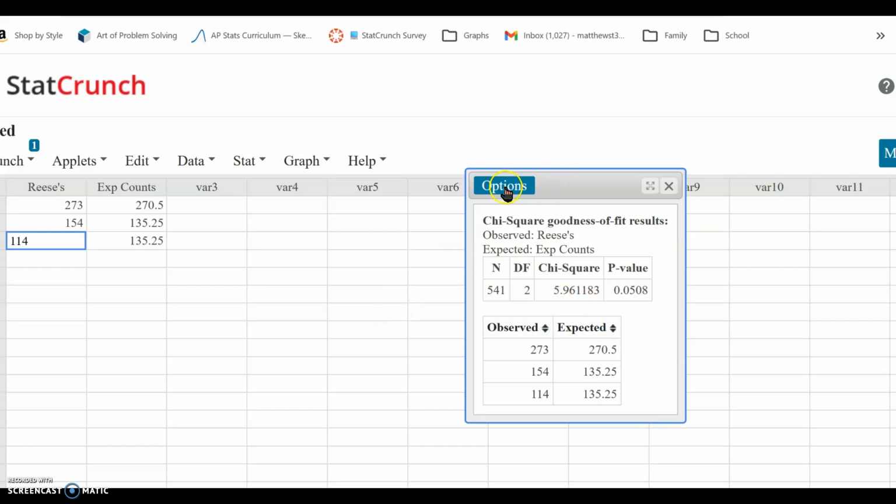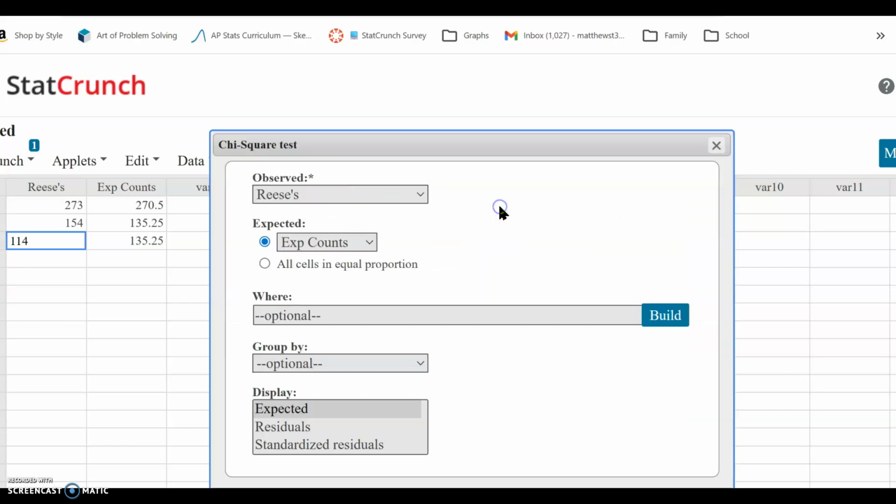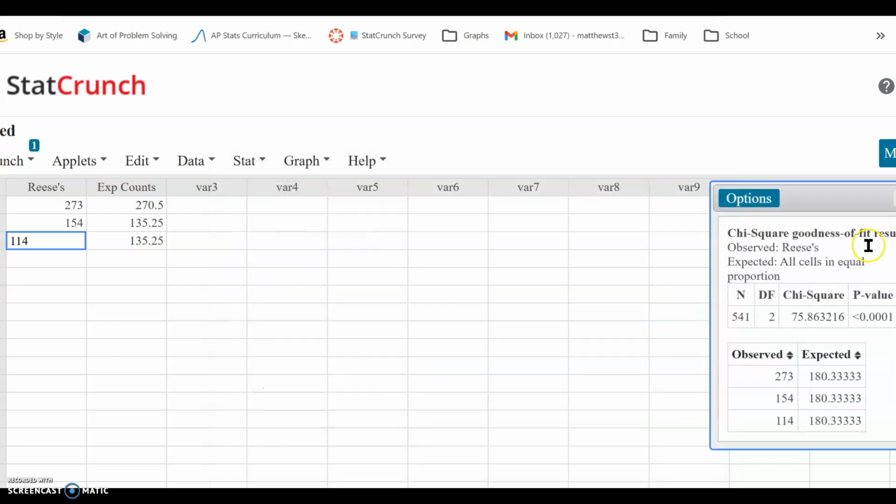I did want to show you over here when I choose, because remember that original question was asking us, are they all equally likely? And we said no. Well, if I ran this as a chi-square goodness of fit test with all cells in equal proportion, I could calculate the test statistic and the p-value associated with that.